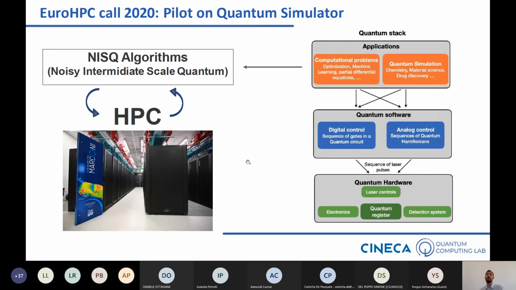The nice part of these algorithms is that most of them are hybrid algorithms. They run part of the algorithm on the quantum computer and another part on a classical computer. That's why HPC is also important, to work together.